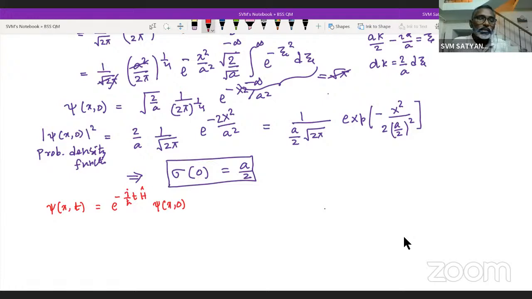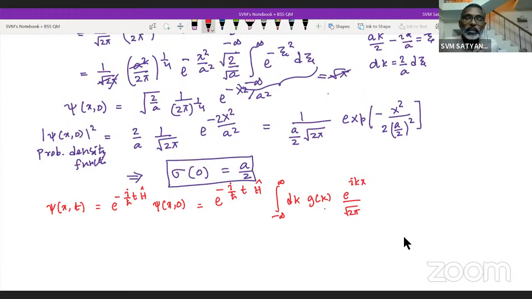Now H is p square by 2m, and p is a differential operator in x. P is h bar by i d by dx, right? So if I want to write this as e to the minus i by h cross t H acting on, let us say, the integral from minus infinity to infinity dk g of k into e to the power ikx by root 2 pi.